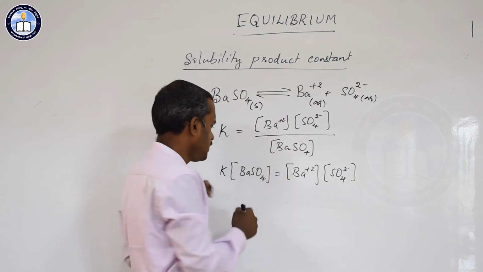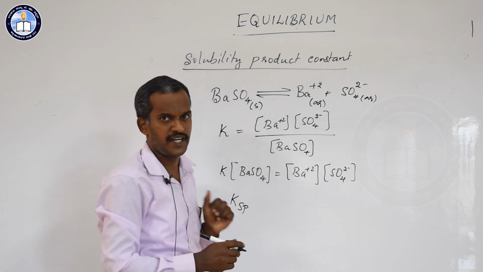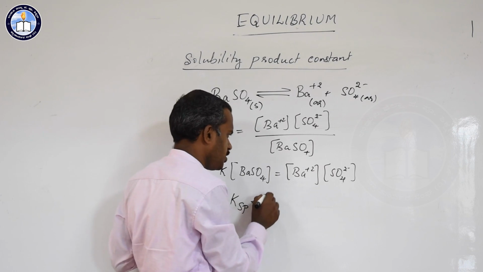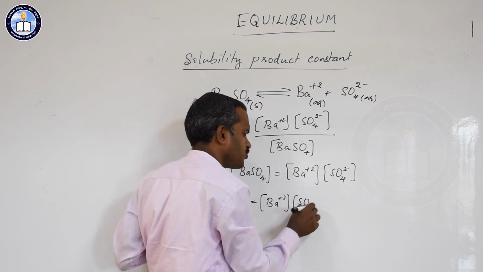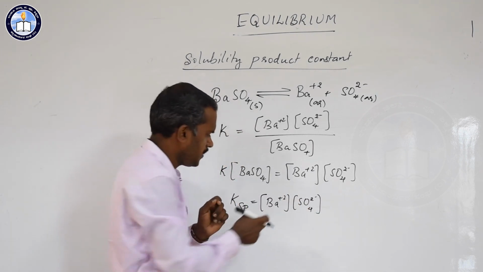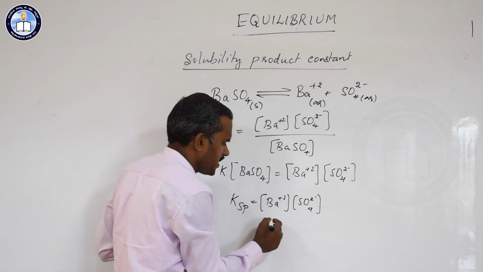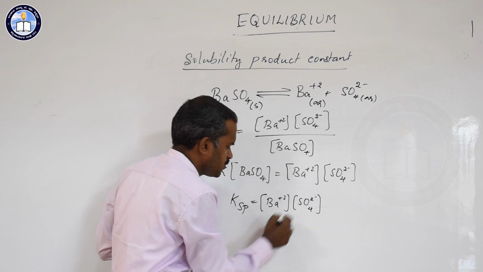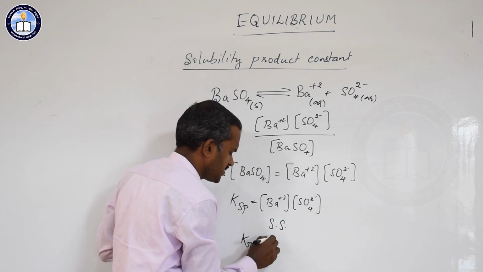With that reason we can represent the solubility product constant as Ksp equal to just the concentration of Ba2+ and the concentration of SO4 2-. As I told you just now, if we consider the concentrations in molar concentration, then we can take it as S mole per liter, and this is also S mole per liter. So Ksp is equal to S square.